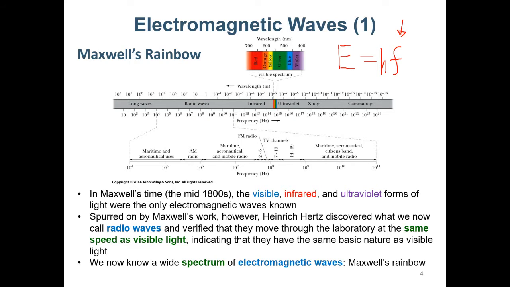So within this range, we have AM radio, FM radio, maybe for Macau 100.7 megahertz or whatever. And this is a TV channel using VHF and UHF, which lie between tens of megahertz to several hundreds of megahertz.